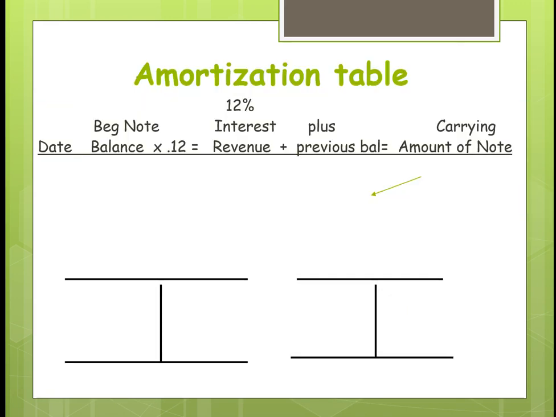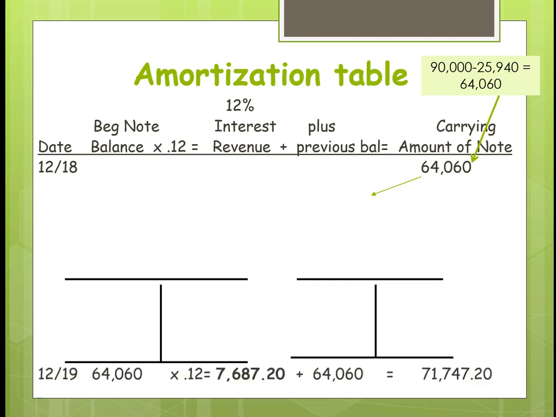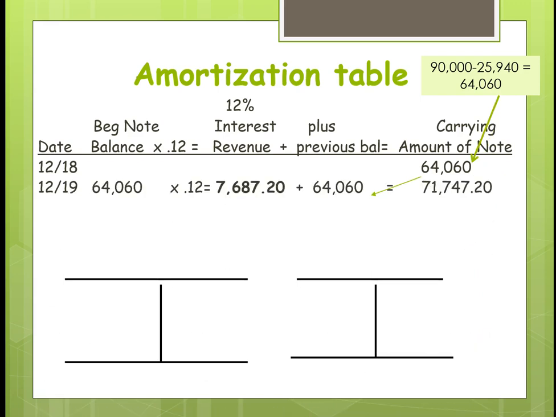Now we'll look at this schedule to see what this means each month. So, on 12/18, the carrying amount of the note is the $90,000 minus the discount, gives you $64,060. We're going to take that times the 12%, that gives us our interest revenue, plus the previous balance. We now have a carrying amount of $71,747.